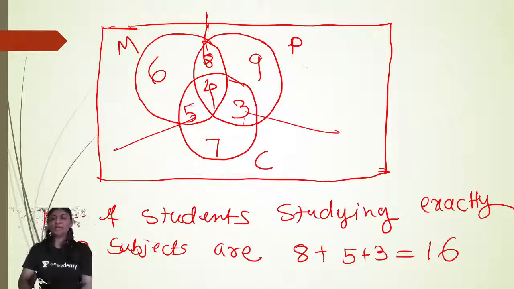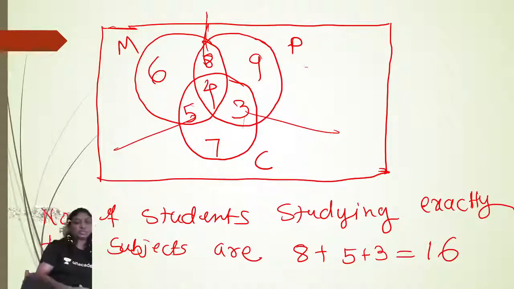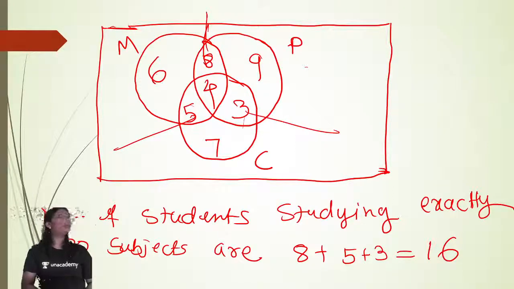It's easy to find out with the help of a Venn diagram. I hope you are clear how to find out the number of students for whatever condition is given, whether at least one, exactly once, only one, or all the three. That part we will calculate by using the principle of inclusion and exclusion, which is a very simple way to find the number of students with the given condition.